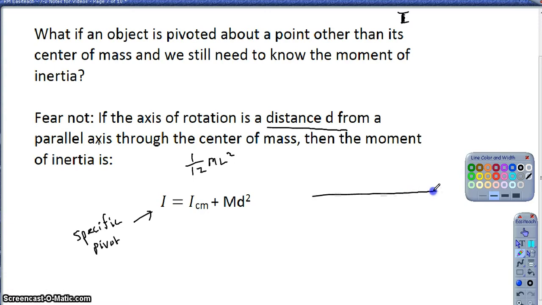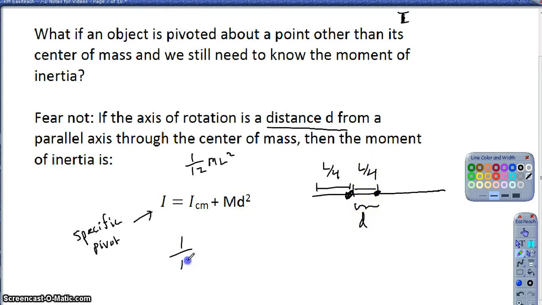So in the example that I drew up above, the center of mass is in the geometric center of that rod, and maybe this is a length of L over 4 away, and then this would be another length of L over 4. So d in this case would be the distance between the pivot point and the center of mass, which is L over 4, right? So d would be L over 4 in this particular example.